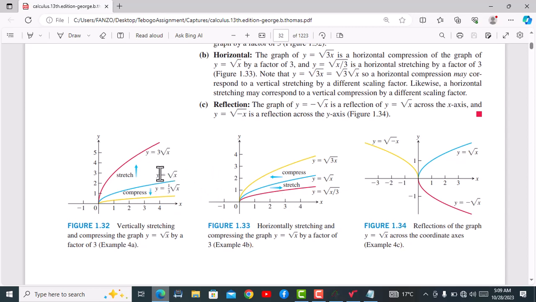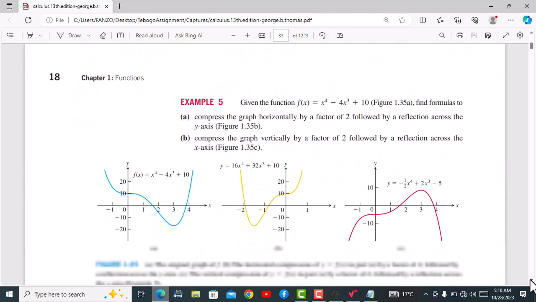And this is the reflection, and we have these reflections there. So you have the original function, and then you are multiplying by a value there, 1/3 of this. This is how it looks, and we can draw these graphs and find out.